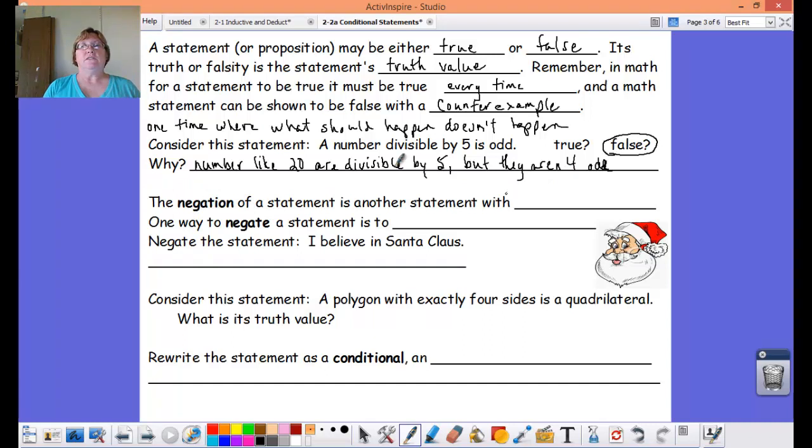The next word that I'd like to introduce you to is negation. The negation of a statement is another statement with exactly the opposite meaning. One way, the easiest way, to negate a statement is to insert the word not in it.